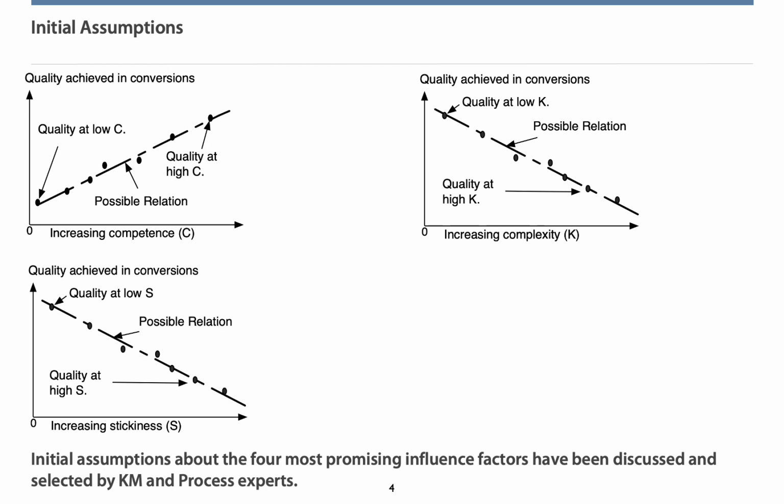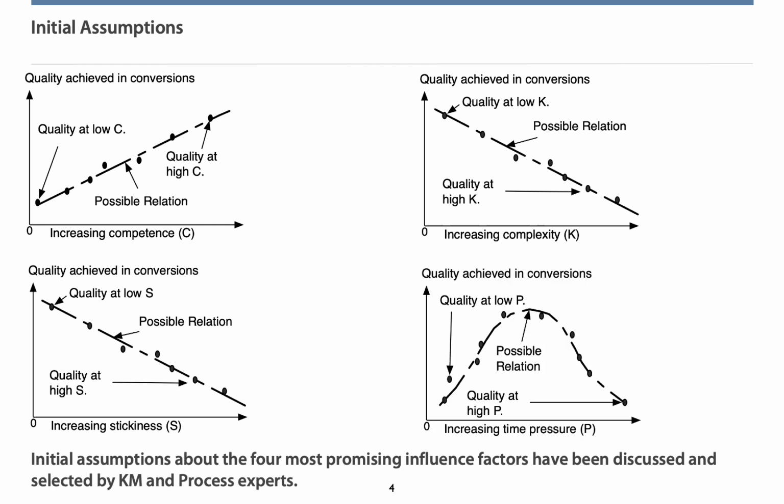Third, the more sticky the knowledge is that needs to be used in a task solution, the worse the quality will be. Fourth, there is a certain point of time pressure which is optimal for the quality achieved. Less time pressure decreases the quality, more time pressure decreases the quality too.